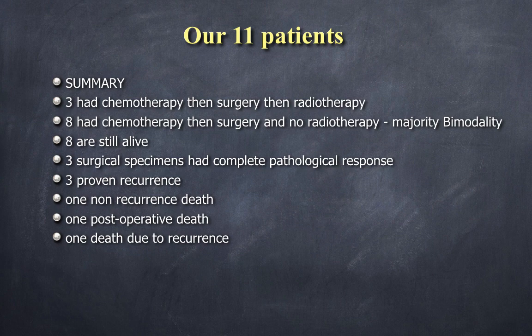So in summary, our patients, if you go down a chemotherapy, then surgery, then think about radiotherapy, most of them, in our experience, have not got their radiotherapy. So you don't actually end up doing trimodality treatment. You end up quite often doing bimodality treatment. So, the NICE guidelines, one advantage of chemoradiotherapy is you will get your trimodality treatment.